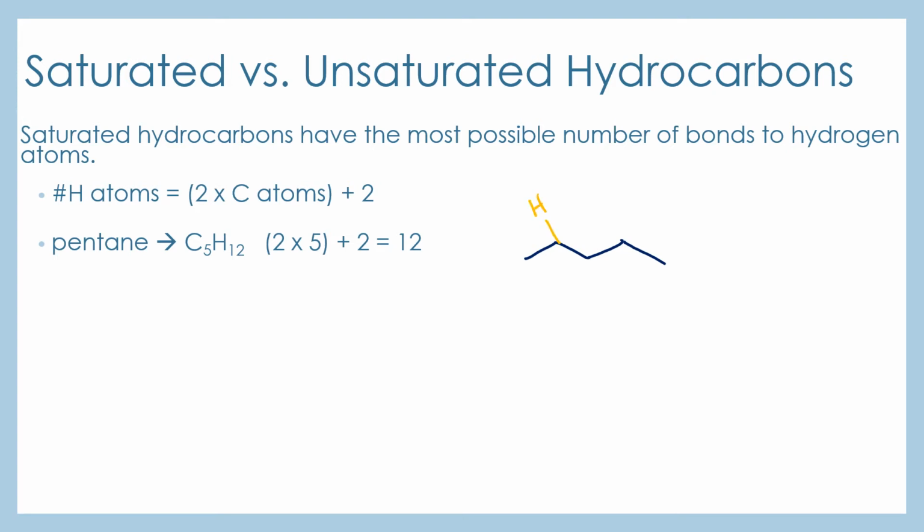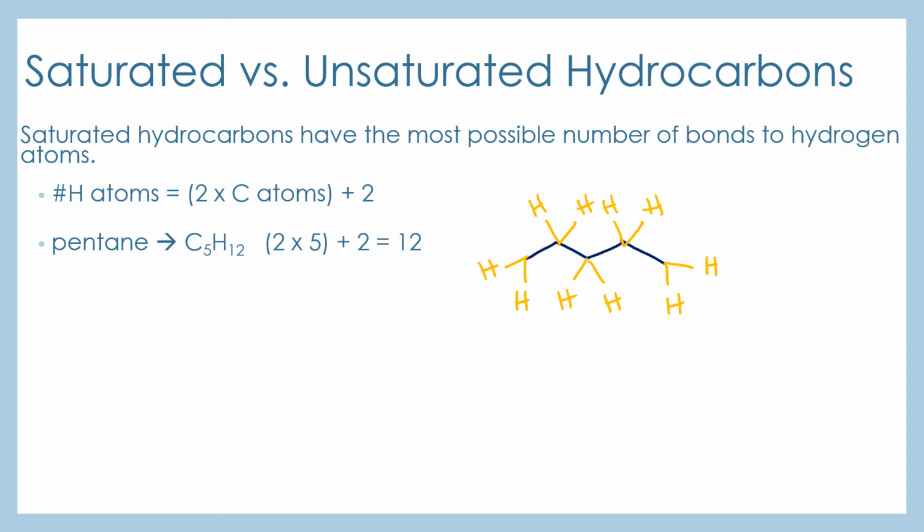If we take a look at all the carbons on here, all of the inner carbons have 2 hydrogens on them. All of the terminal carbons, the ones at the end, have 3 total, but here are 2 of them. So if we multiplied 5 times 2, this would give us 10.